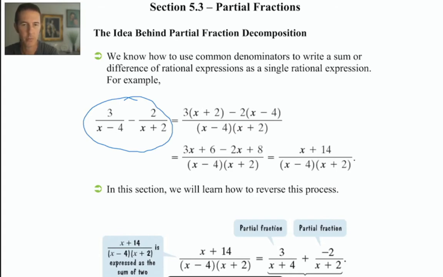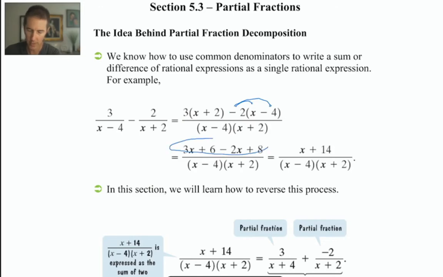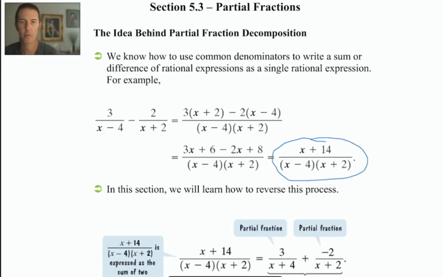If we went through the motions, it would be x minus 4 times x plus 2, and the numerator of the first fraction would have become this, and the numerator of the second fraction would have become this. Then you would distribute this multiplication by -2 to arrive at this numerator, and combine like terms to finally get this numerator over your common denominator of x minus 4 times x plus 2.